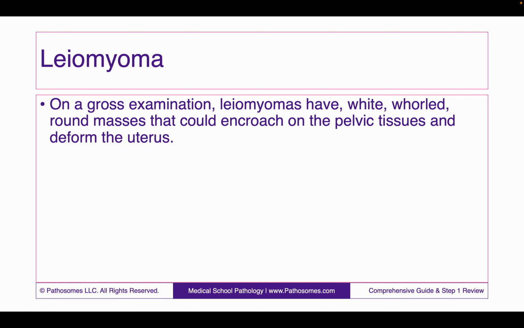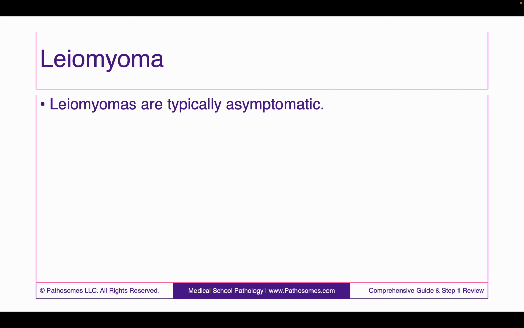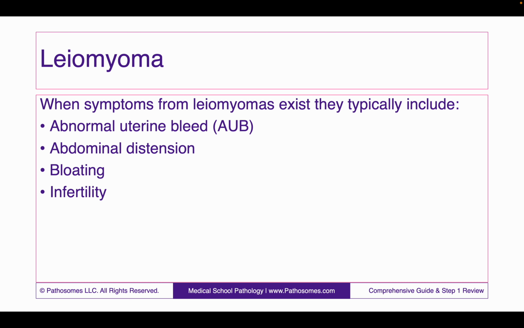On a gross examination, leiomyomas typically have a white, whorled, round mass appearance that could actually encroach on the pelvic tissue and deform the uterus. Leiomyomas are typically asymptomatic, though. When symptoms from leiomyomas exist, they typically include abnormal uterine bleeding, abdominal distension, bloating, and infertility.